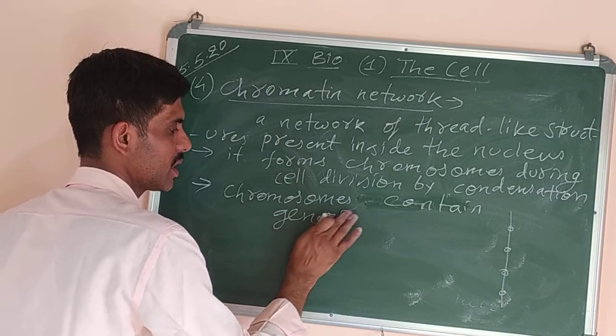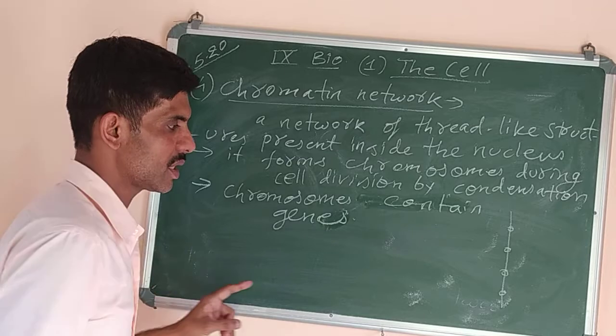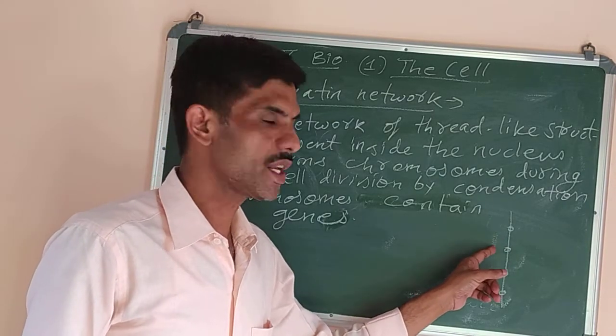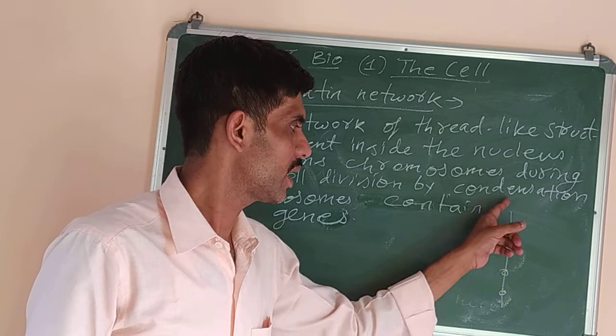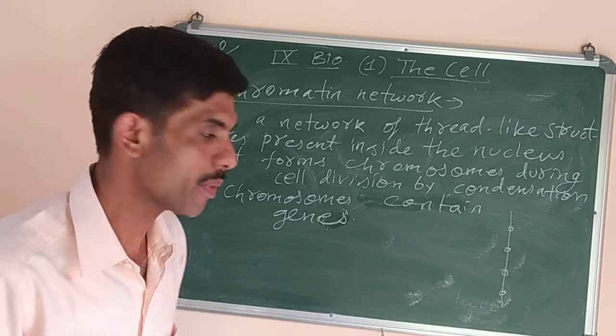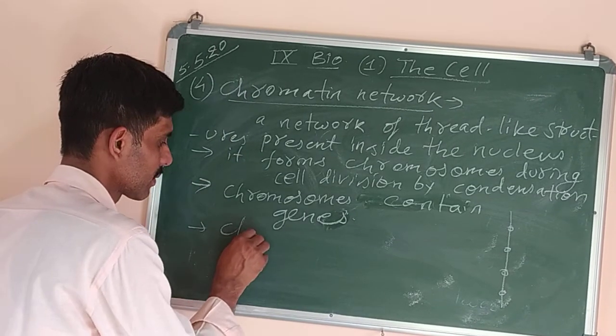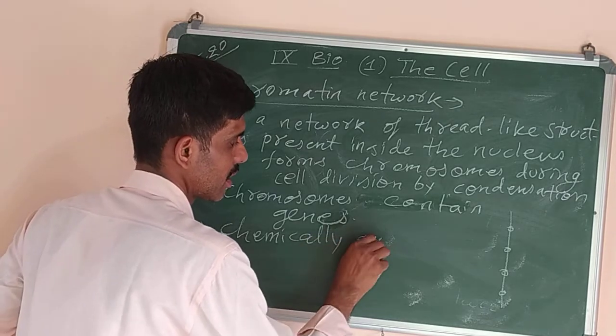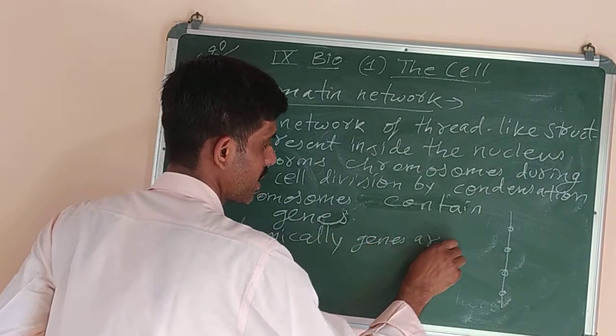Now what are these genes? Genes are the hereditary materials which are located on the surface of chromosomes. Got it? Now what are these genes made up of? Chemically, genes are made up of DNA.